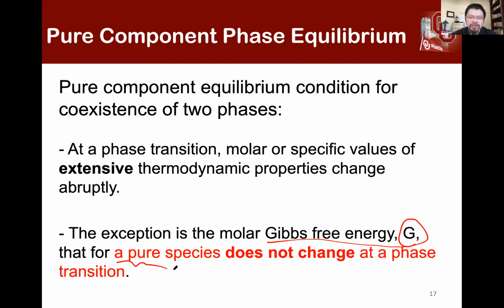We try to define our discussion in the simple model system, one pure species. And if you are looking at the Gibbs energy change, then we will not have any change, nothing at all, for the Gibbs energy at the phase transition. So that is just the statement from me for two things. One is the Gibbs energy is the descriptor moving forward.